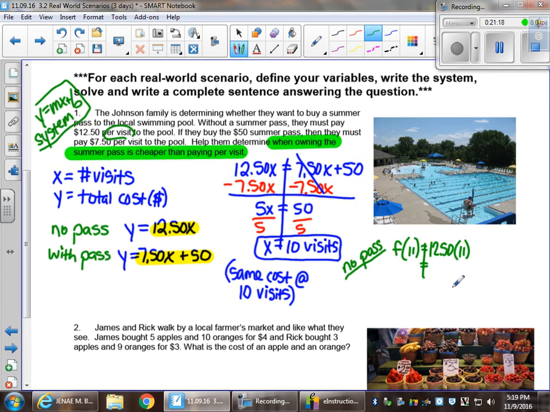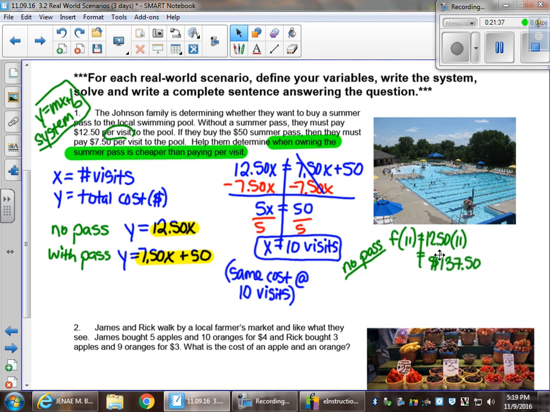Go ahead and figure out what 12.5 times 11 is. I get $137.50. So without a pass, that's how much it's going to cost me to go 11 times.